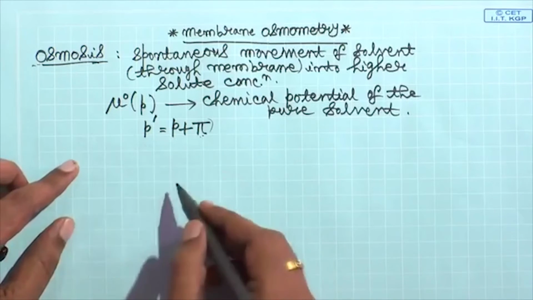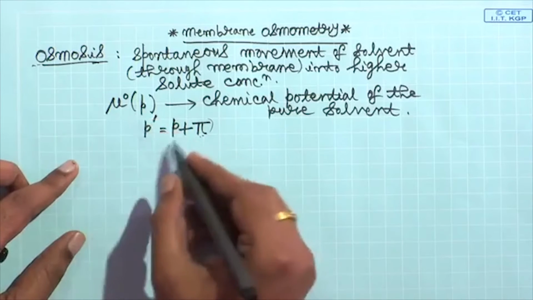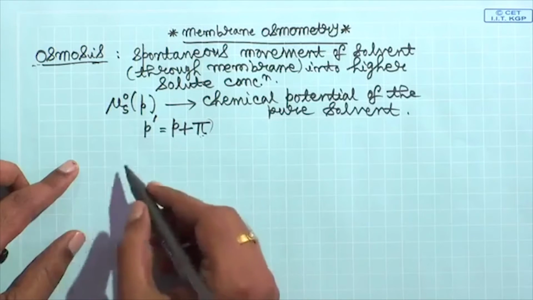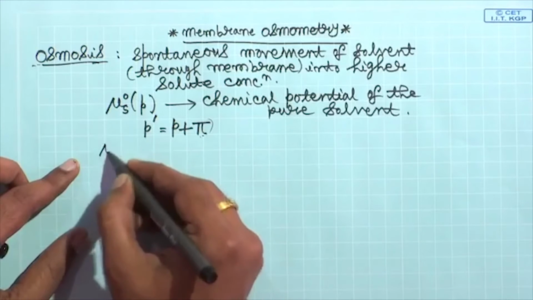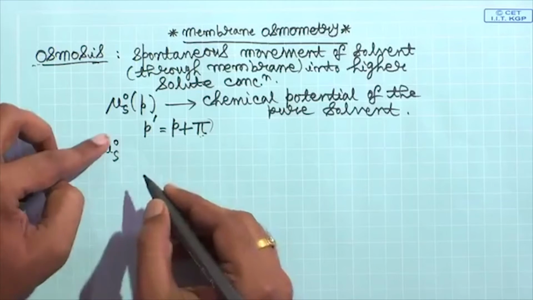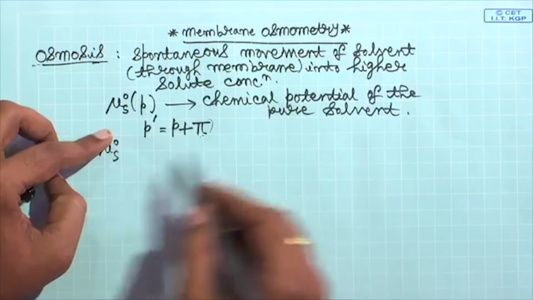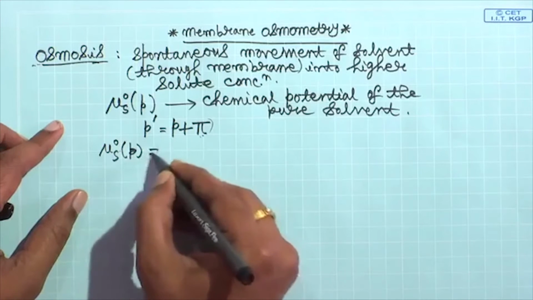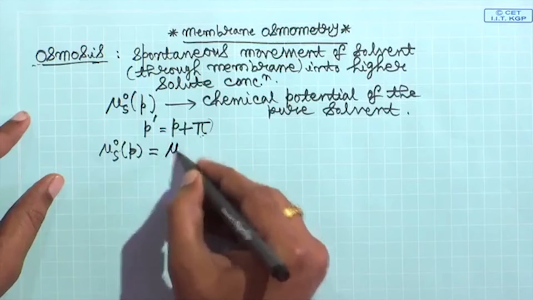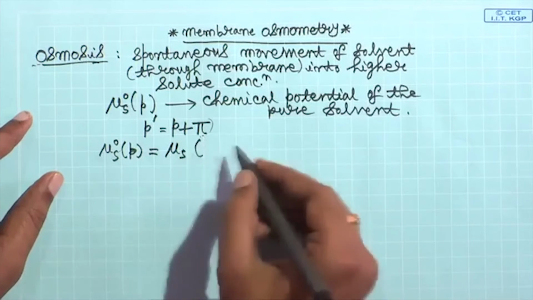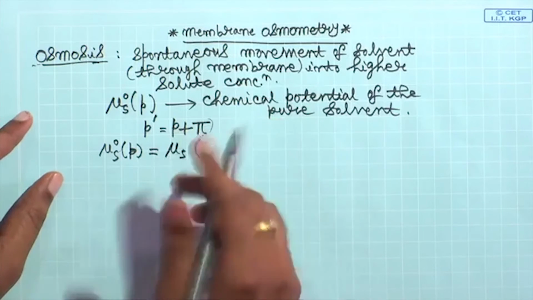Now, under equilibrium condition, I am just putting this mu s, s as the subscript which is your solvent. So, under equilibrium condition, this mu s 0, 0 means this is a pure solvent, mu s 0 P is equal to mu s. I am just putting here in the bracket some terms to designate which side it is.